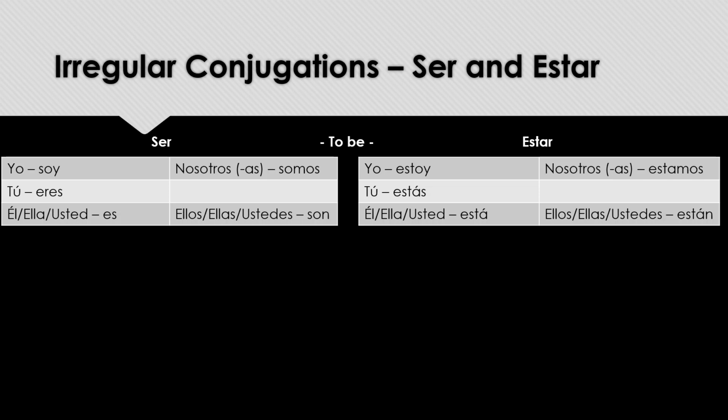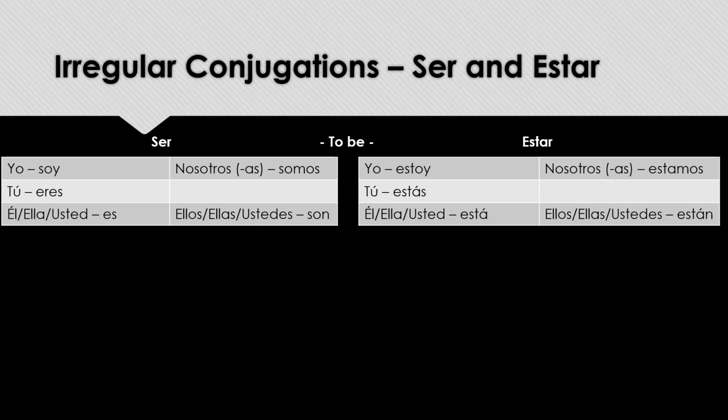Ser is conjugated to soy, eres, es, somos, and son. Estar is conjugated similar to an AR verb for the most part, but it has some slight differences. It is conjugated to estoy, estás, está, estamos, and están. You can see that there are accents on some of the forms except for the nosotros, and the yo form has a y at the end.